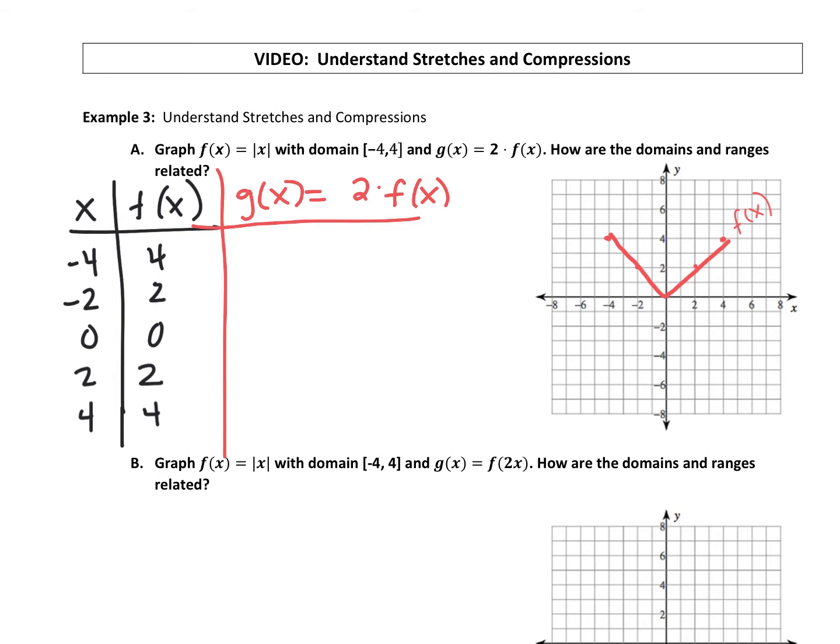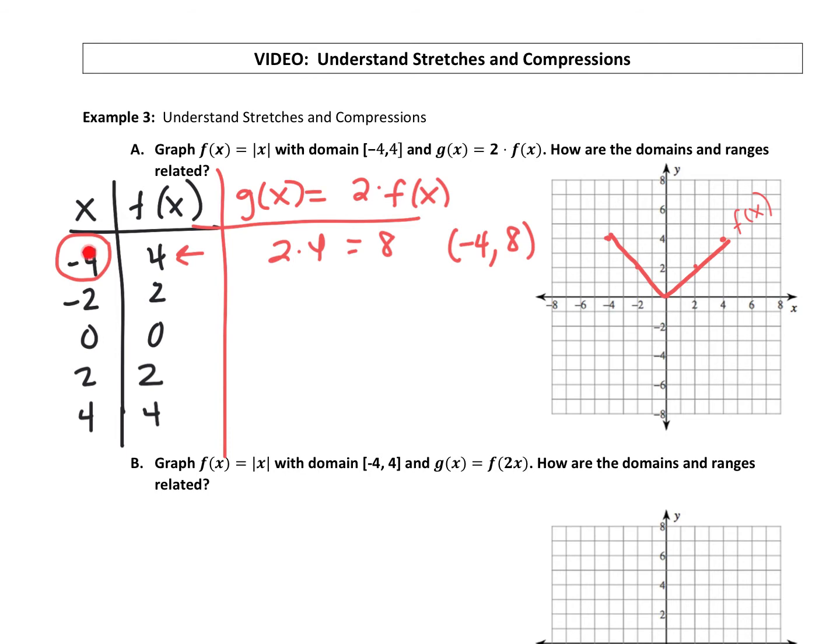So when we look at our -4 value, when we plug that in for x, our f of x value is 4. So we're going to take this and multiply it by 2. So we're going to do 2 times 4, and we're going to get 8. So our ordered pair will be -4, 8.